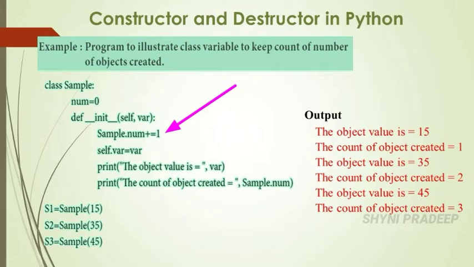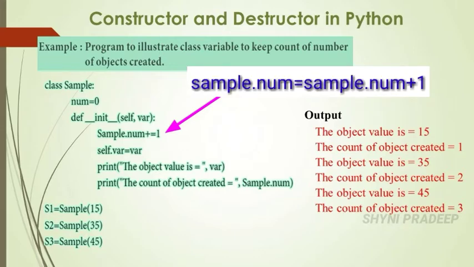So you have to take sample.num is equal to sample.num plus 1. Next, self.variable is equal to var. Next print the object value is variable, and print the count of objects created is equal to sample.num.